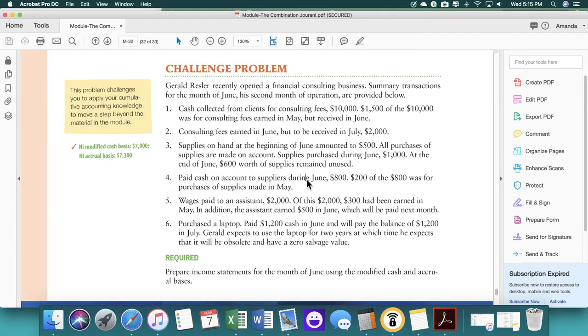And let's see what else we have, we're told. So we have supplies on hand at the beginning of the month of June was $500. All the purchases are made on account. Supplies purchased during June was $1,000. At the end of June, $600 worth of supplies were left.